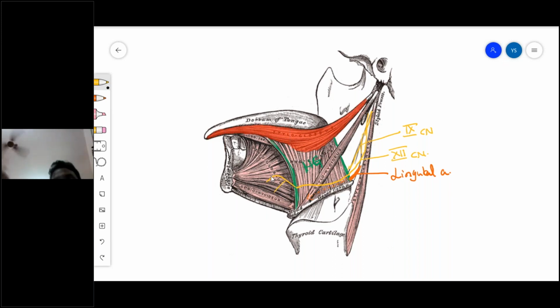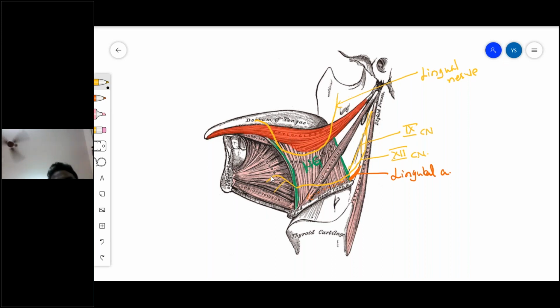And I draw one more nerve, the most important nerve from the infratemporal fossa to the submandibular region. That nerve is coming and supplying the tongue. What is this nerve? Can you guess? Lingual nerve.